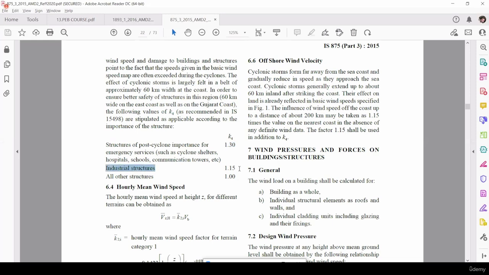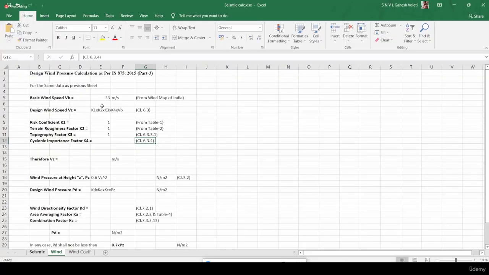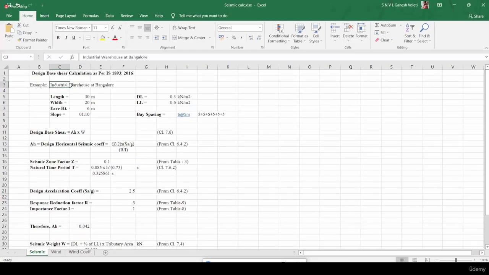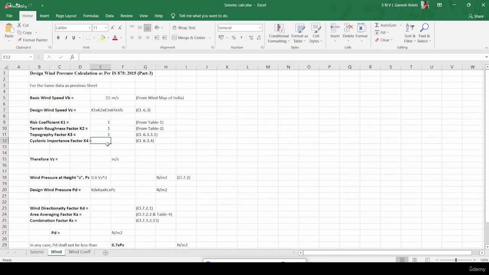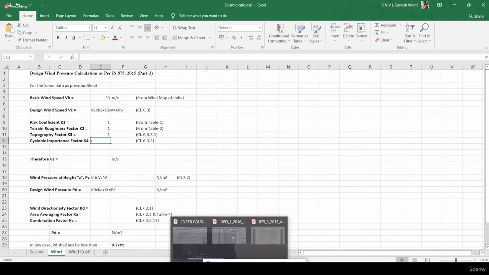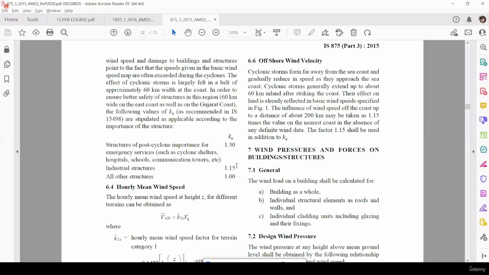Industrial structures take 1.15. All other structures take 1. We are dealing with an industrial warehouse, and I have mentioned the purpose of the building as industry. So we have to take K4 as 1.15.